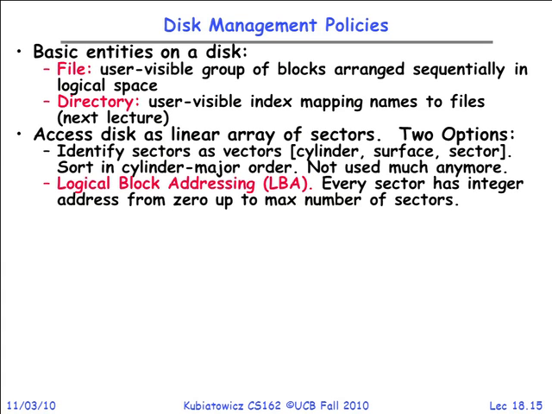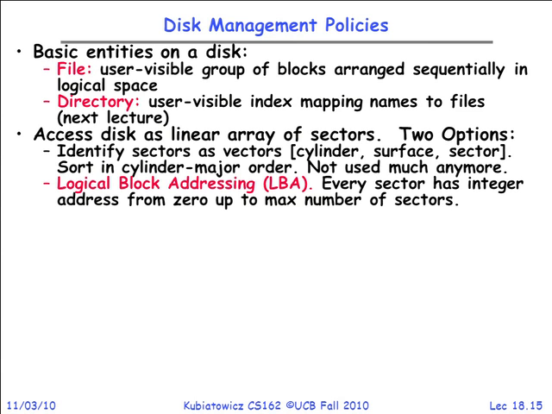So the mapping from block number to cylinder surface sector is done entirely inside the disk. The operating system, and the BIOS in particular, is not required to know anything about it. Almost any disk that you can buy today has a logical block address scheme now.